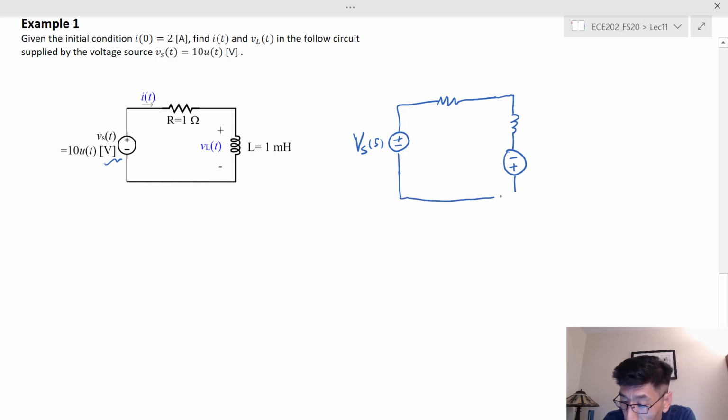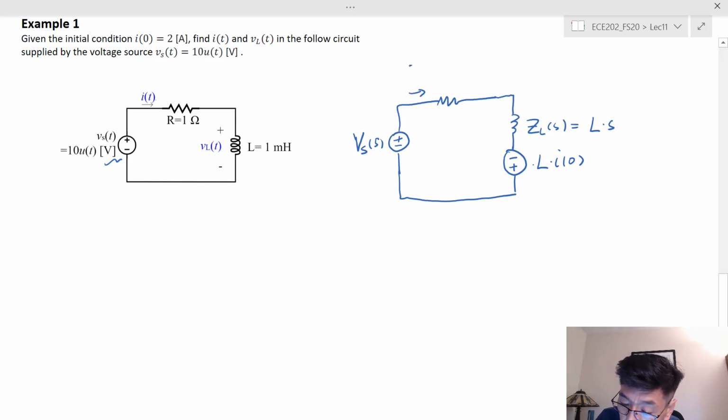If I use this one here, this is the impedance Z sub Ls, which is equal to L times s, and this term here is equal to L times I sub 0. This is the initial condition.